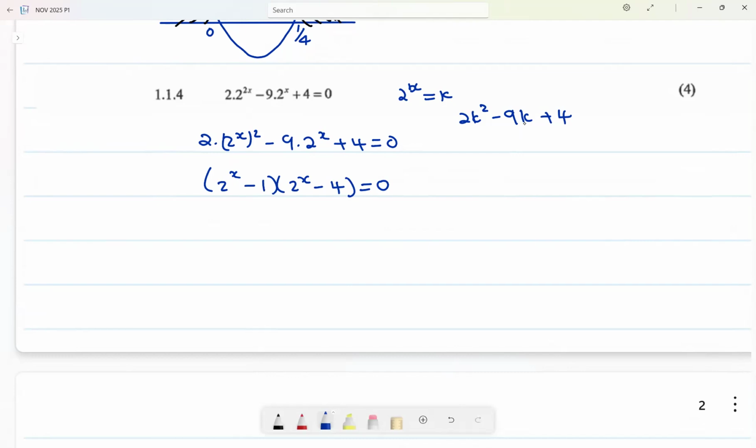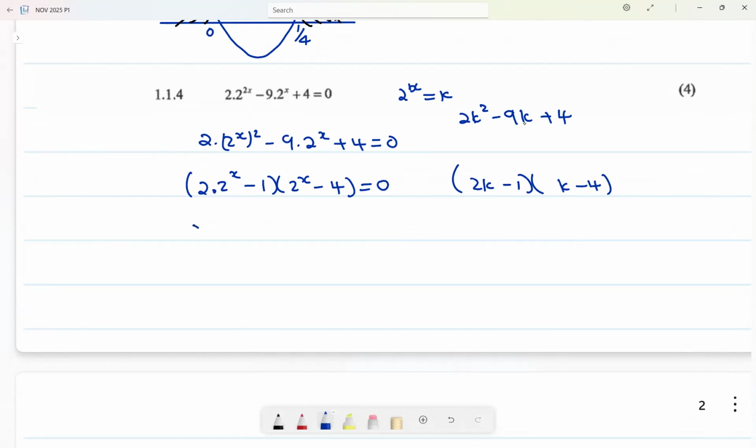This is 2 multiplied by 2 to the power of x. Basically the same as saying 2k minus 1 and k minus 4. Let's just confirm. 2k squared minus 8k minus, yes, okay.